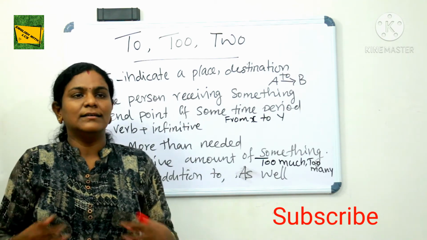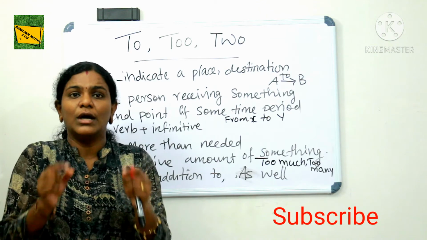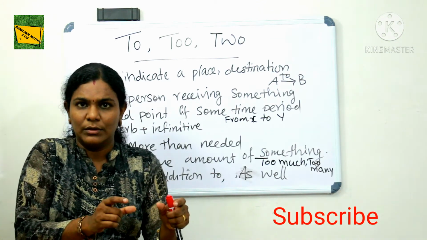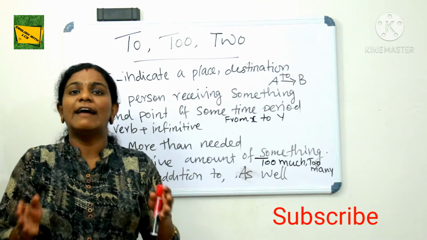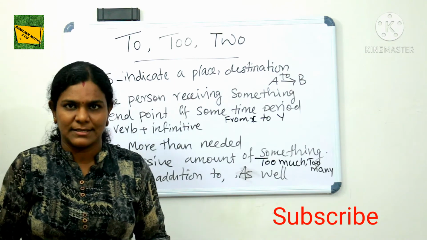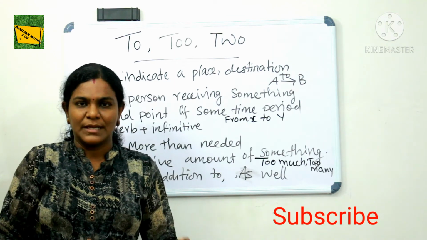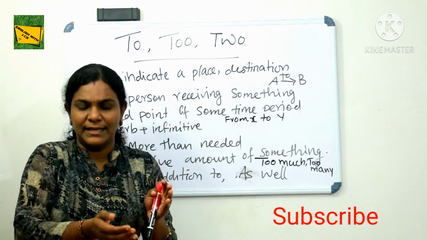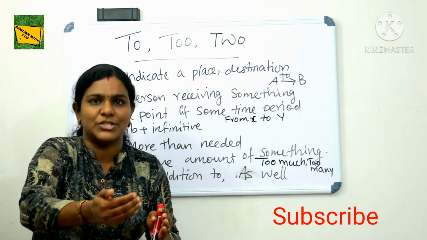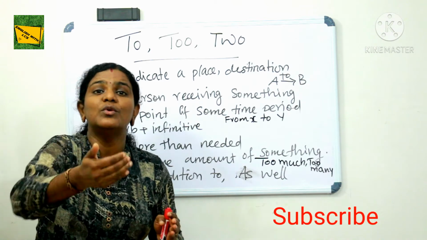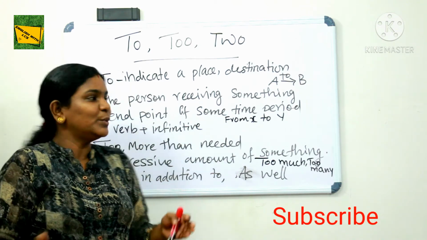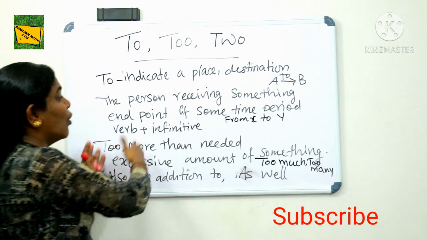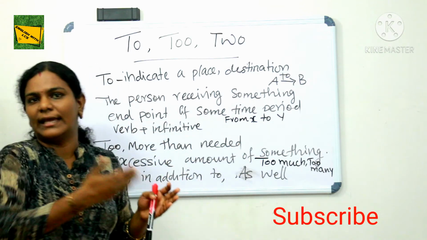And if we are saying that you have to go slow, or you don't have to be too fast when you are driving a car, because there is a limit for a car's speed, but you don't have to be too much or too excessive. So in order to indicate something which is more than needed, that is what I said.